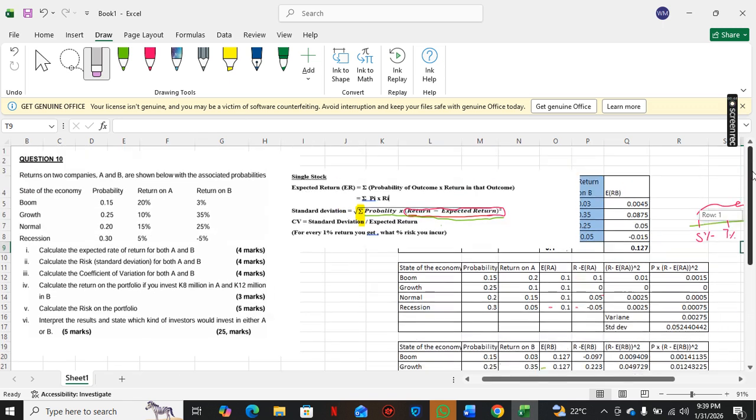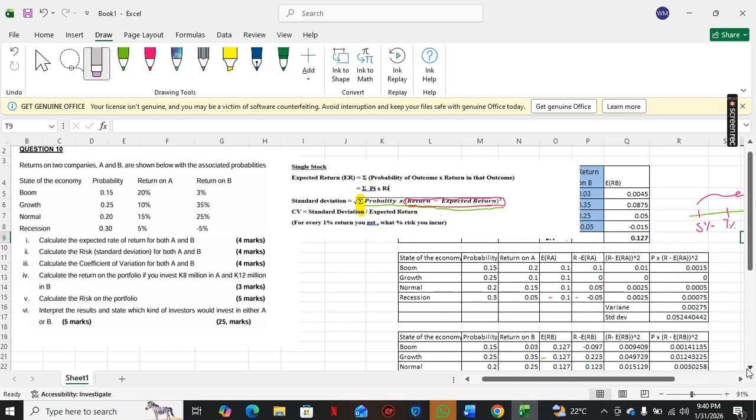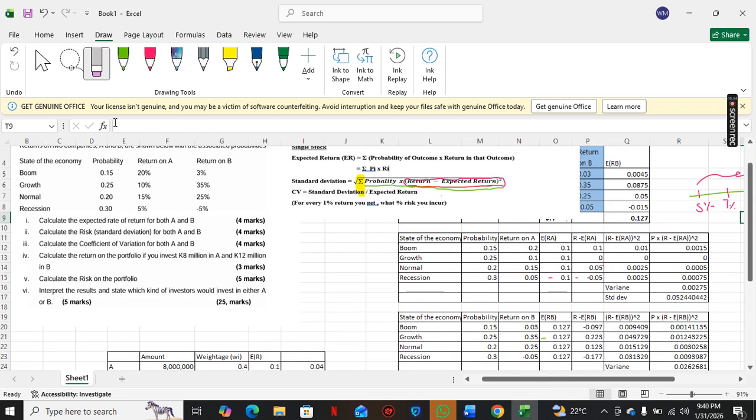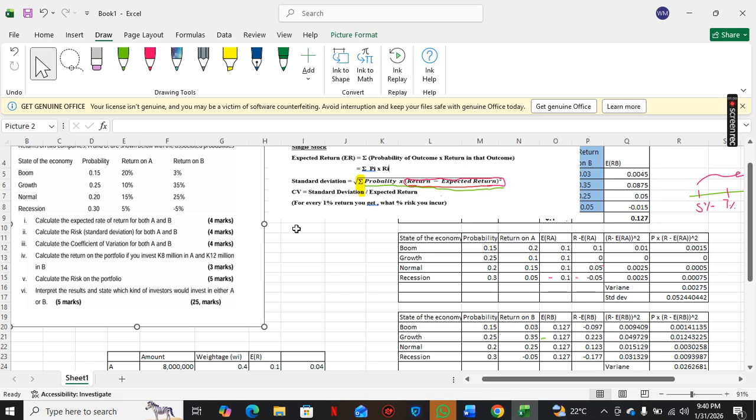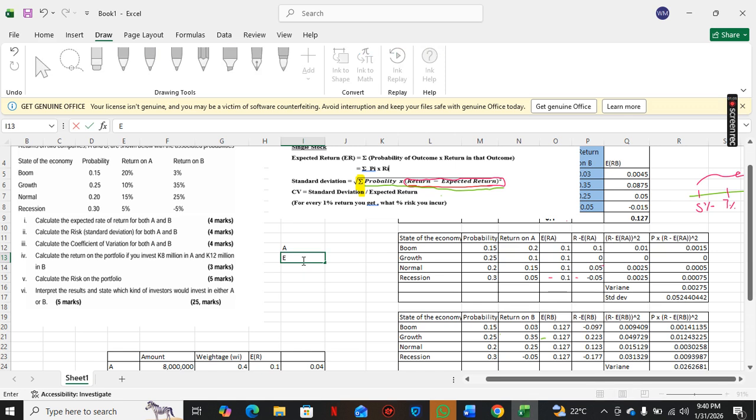So the coefficient of variation is just the standard deviation divided by the expected return. Okay. So for investment A, expected return 10%, standard deviation 0.052.